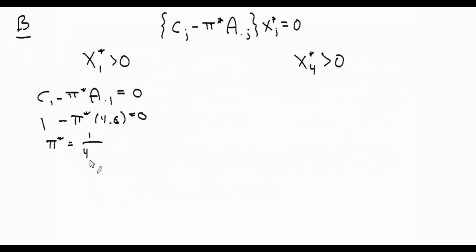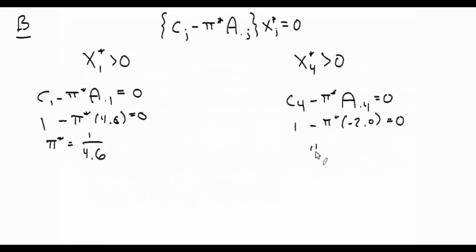Let's do the same thing over here. For x star sub 4 greater than 0, we get c4 minus pi star a dot 4 is equal to 0. Let's plug in some numbers. 1 minus pi star times negative 2.0 is equal to 0.